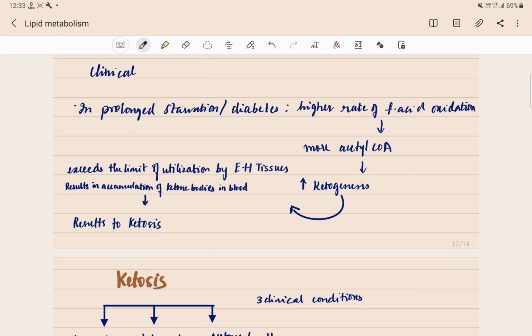Increased fatty acid oxidation forms more acetyl CoA, which enters ketogenesis. More ketogenesis provides a lot more ketone bodies than the requirement of extrahepatic tissues, exceeding their limit of utilization. This results in accumulation of ketone bodies in the blood, which results in ketosis.